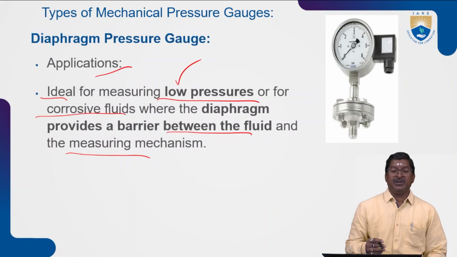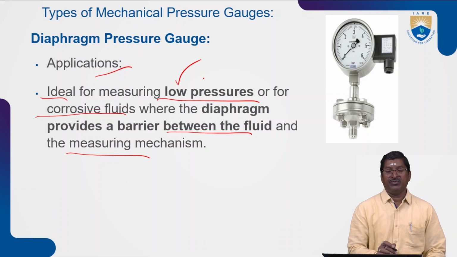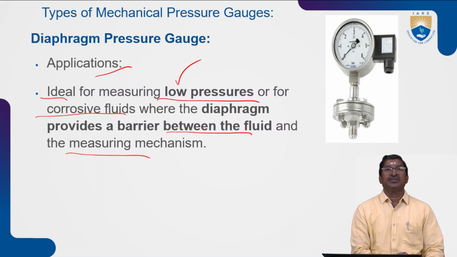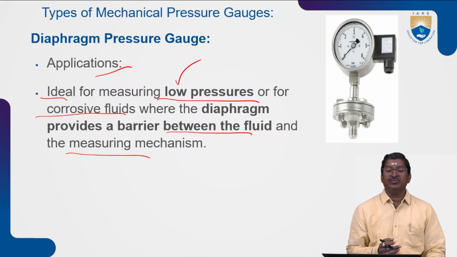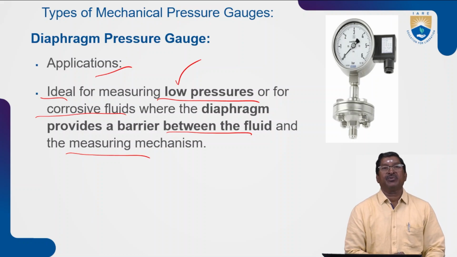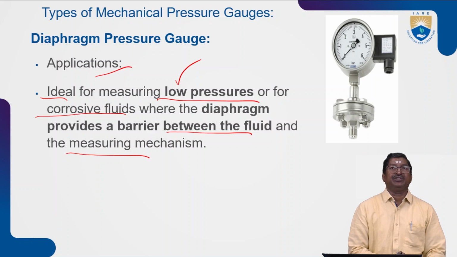As for the application, this is applied for low pressures of corrosive fluids. In a Bourdon tube we can measure high pressures also, but the diaphragm pressure gauge is for low pressures.